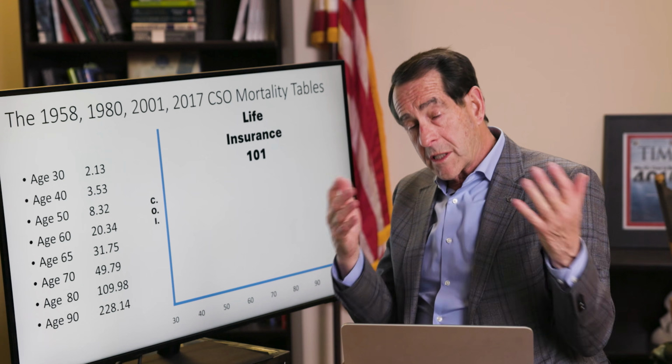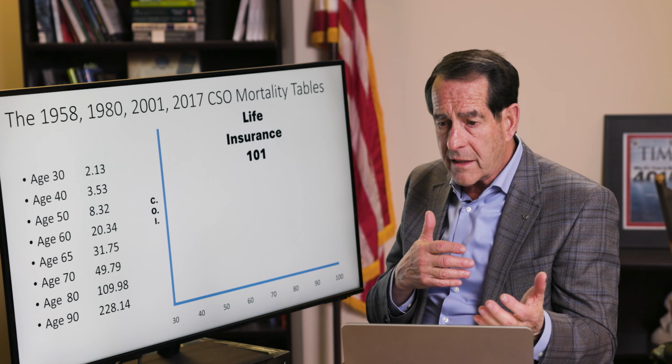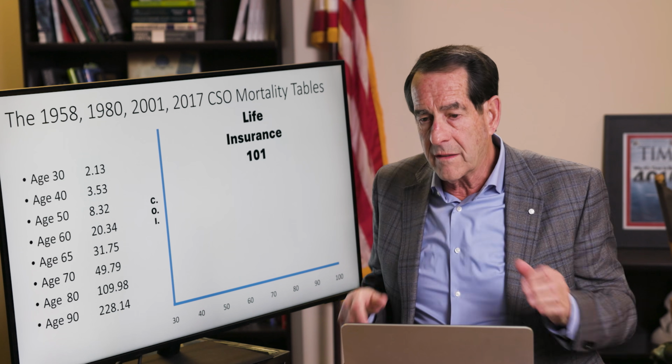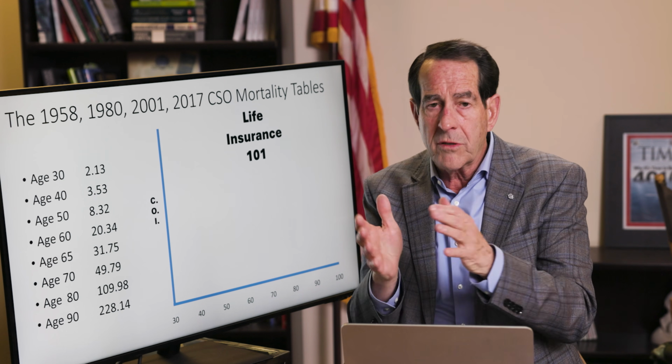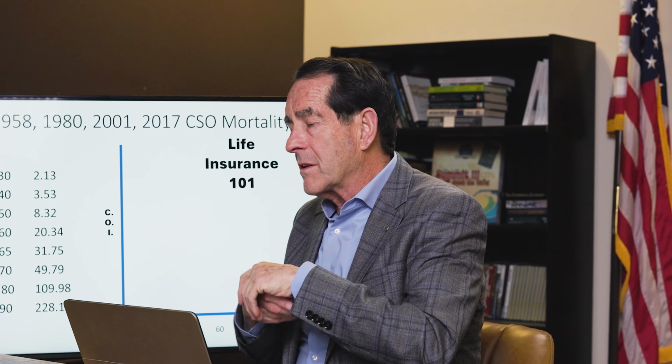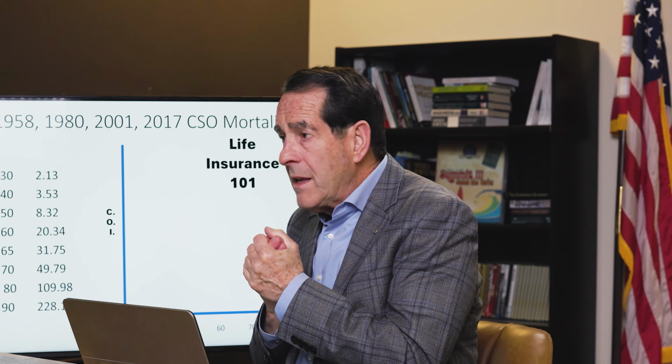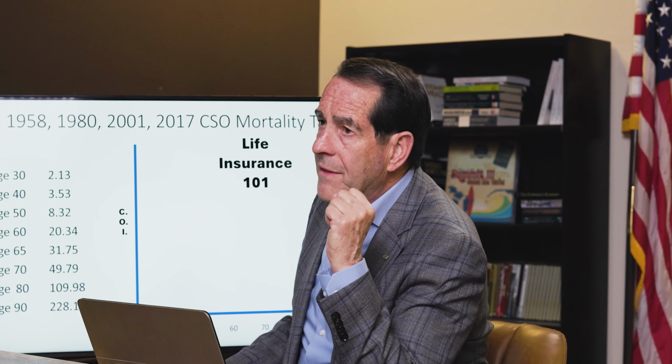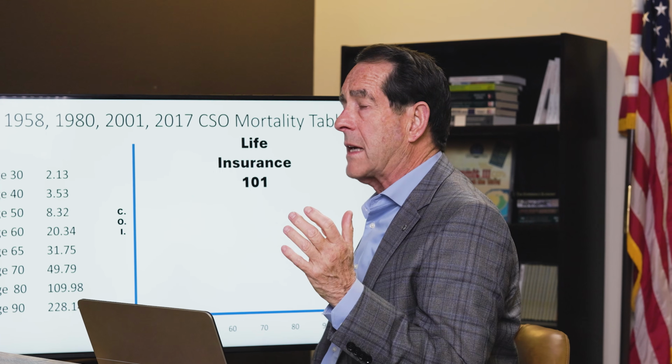And then generally speaking, with medicine and so forth, we end up eliminating some of the deaths that used to happen because of advanced medicine. And so every so often, every 20 years or so, they'll come out with a new mortality table.